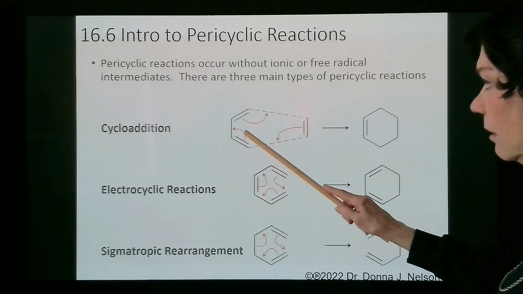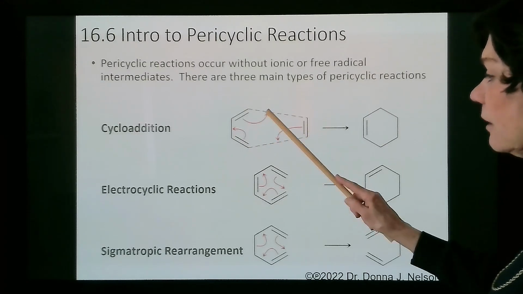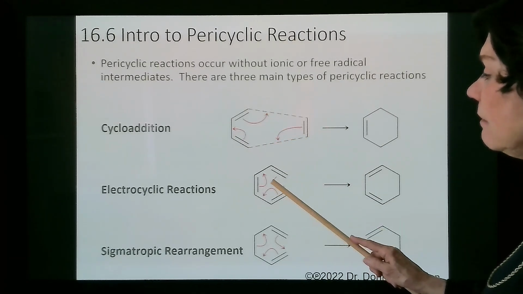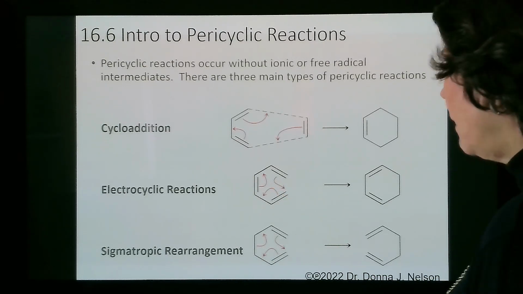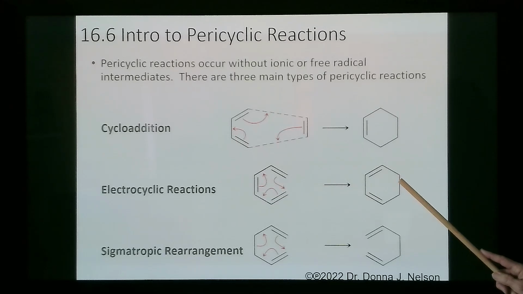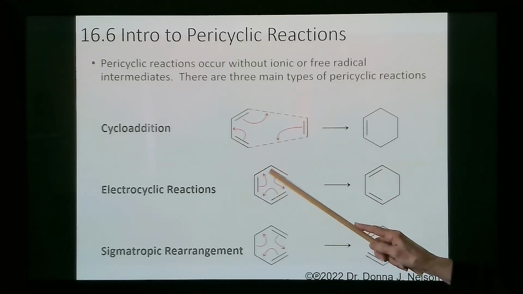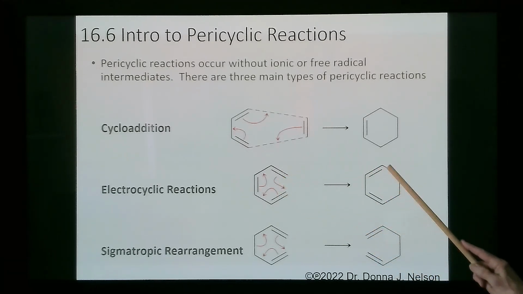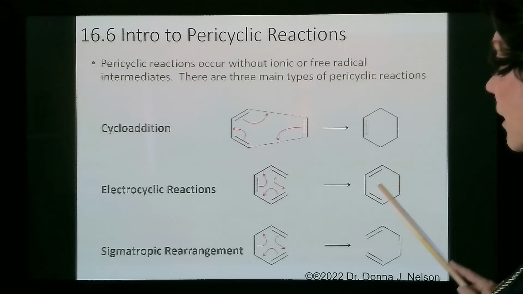Up here you had 2 molecules coming together in a cycloaddition. Here you have one molecule, and this one linear molecule is becoming a cyclic molecule. So this is called an electrocyclic reaction. The electrons are moving in a circle to give you a cyclic product.